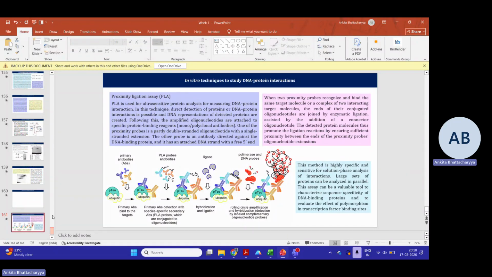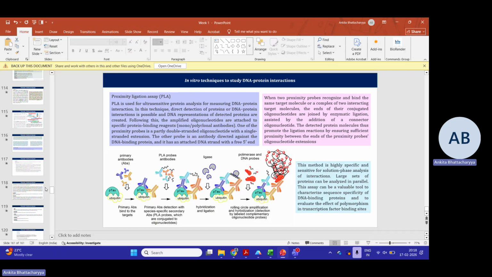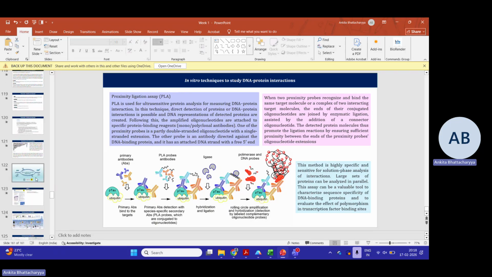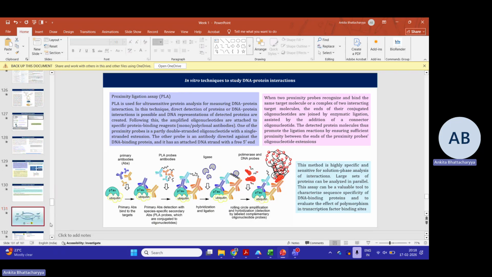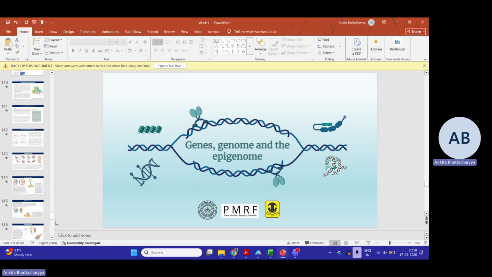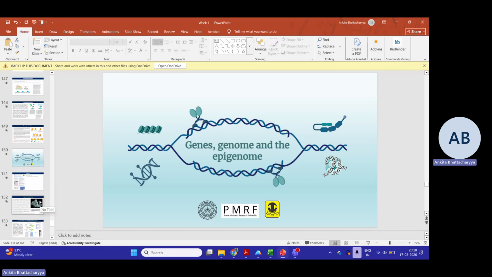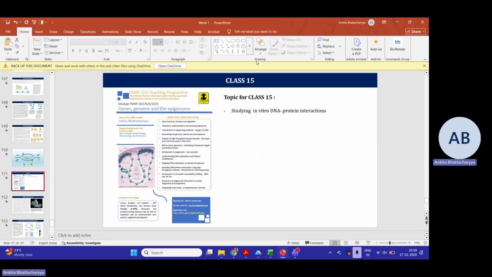Instead, I will wrap up today's class with a quick reminder of everything we have covered till now, and the focus that we're going to assume from this point onwards. In the next class, class 16, we will be studying in vivo DNA protein interactions, focusing mainly on ChIP-seq, ATAC-seq, the in vivo ChIP, normal ChIP, and its variations, because that in itself is quite an elaborate method.